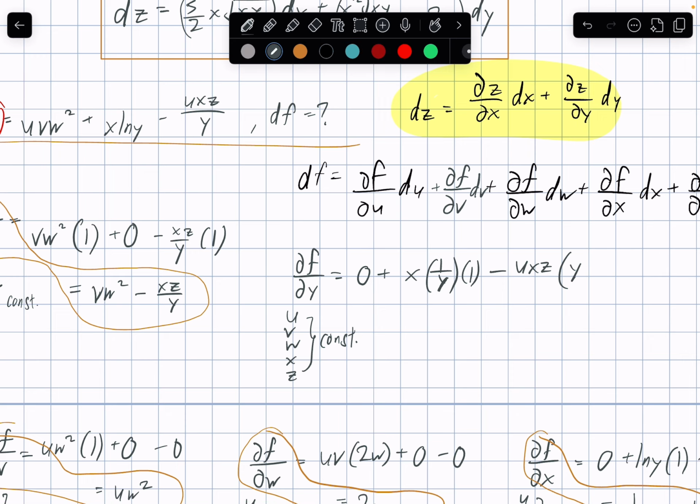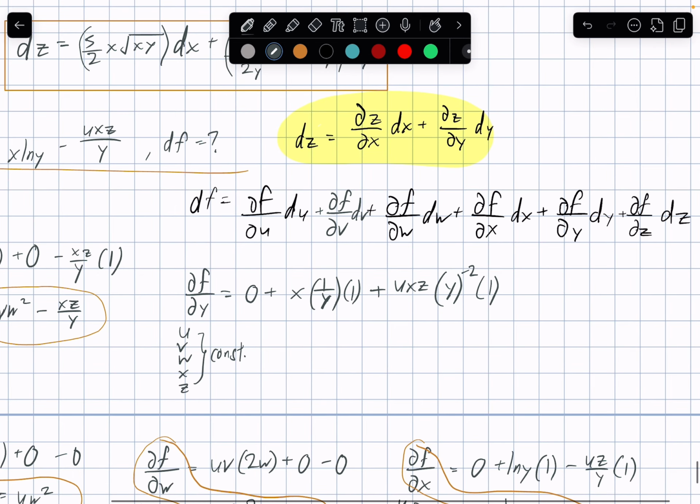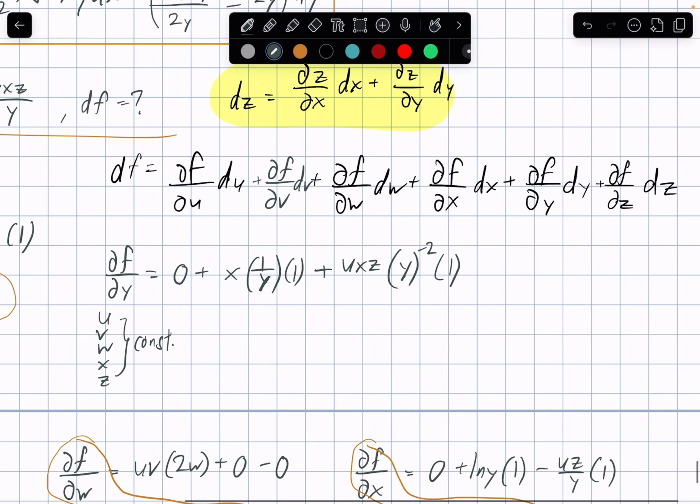We can rewrite 1 over y as y raised to negative 1. If we find the derivative of that, this becomes positive, negative 2 times 1. Simplify: x over y plus uxz over y squared. So this could be the answer already. If you want to merge the two fractions, you can. It's technically not prohibited.